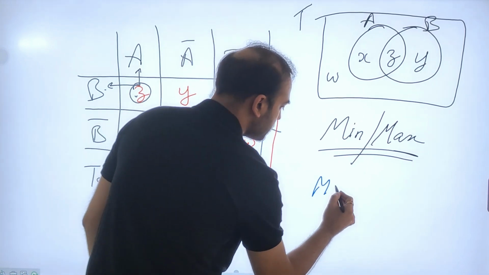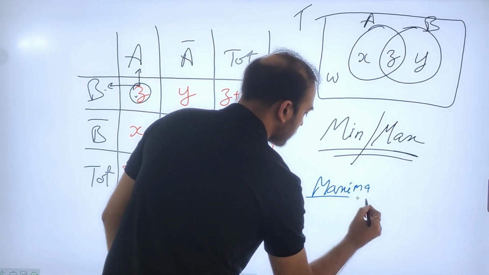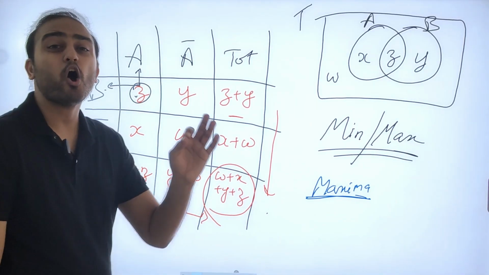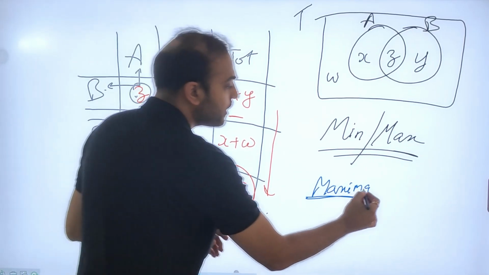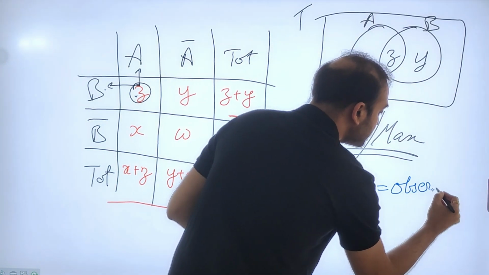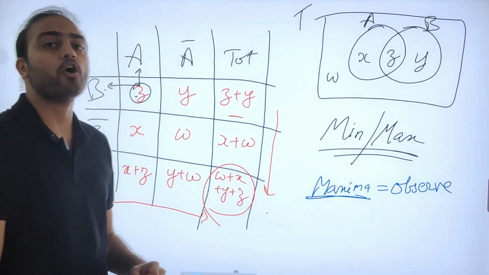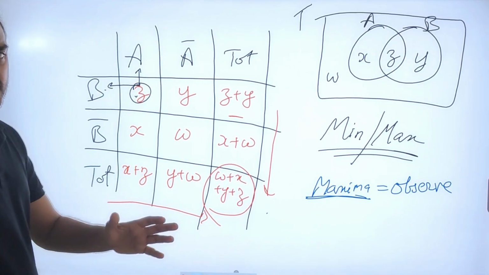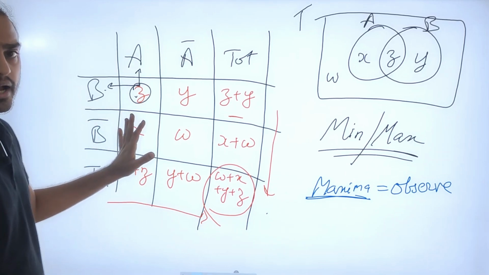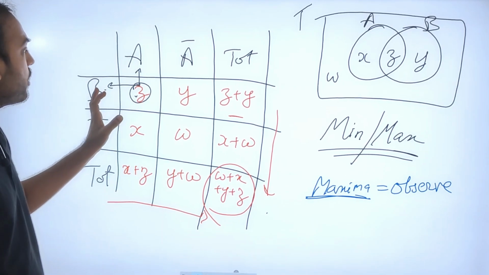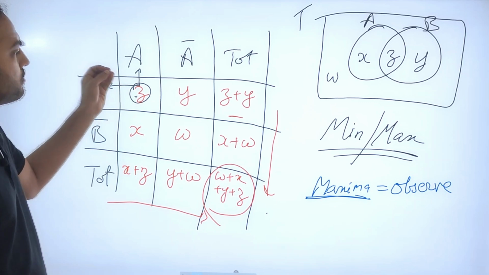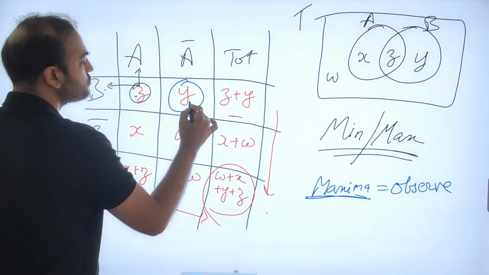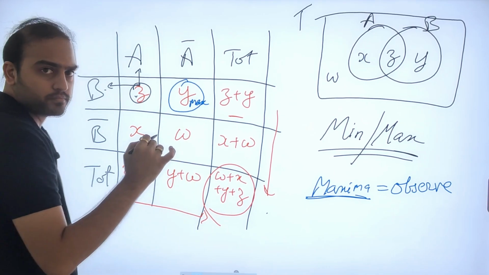This is maxima. If you want to find the maxima, all you have to do is observe the values. Finding the maxima is very simple. All you need to do is observe the total values. Say, for example, from this table I want to know the maximum value of B but not A. That is, Y needs to be maximized.